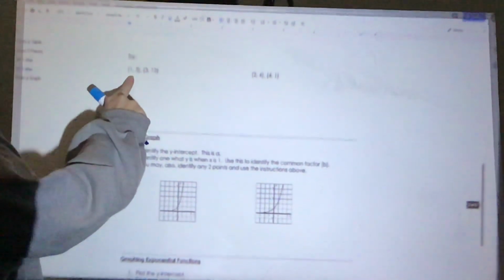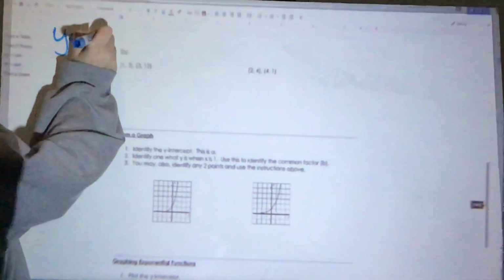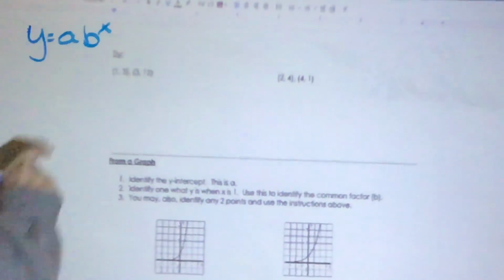So if we want to write the exponential function that goes through these 2 points, again, we're thinking y equals a b to the x. A is our y-intercept, b is the factor. So to find the equation from 2 points, I'm going to start by substituting the y's and x's in that we're given.